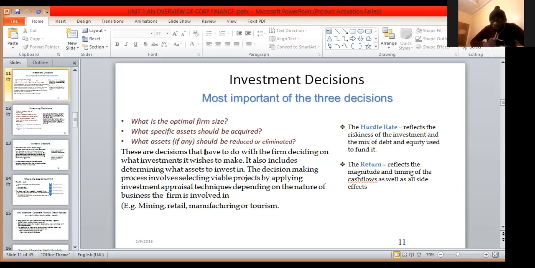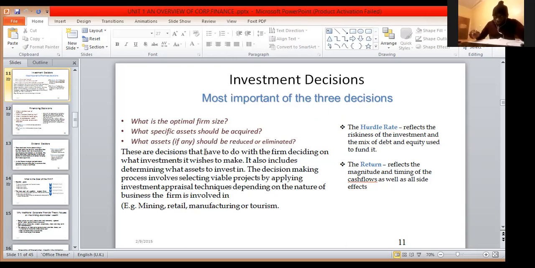The hurdle rate is a rate that reflects the riskiness of the investment. If, for instance, Mr. Kunda, you want to invest in a textile machine, you must be able to know what risks are involved in the textile industry. So that is what is called the hurdle rate.